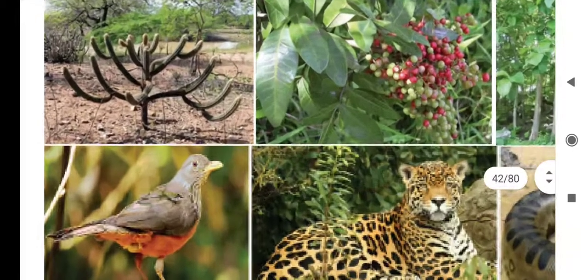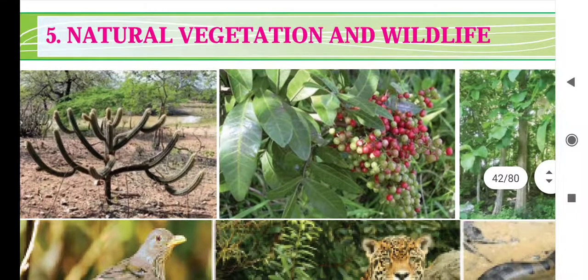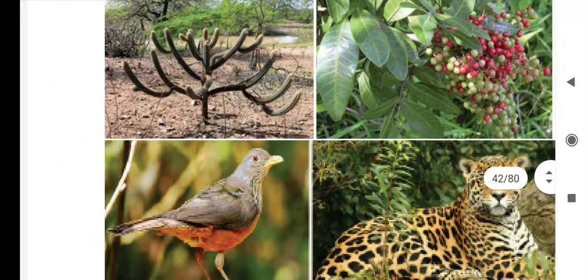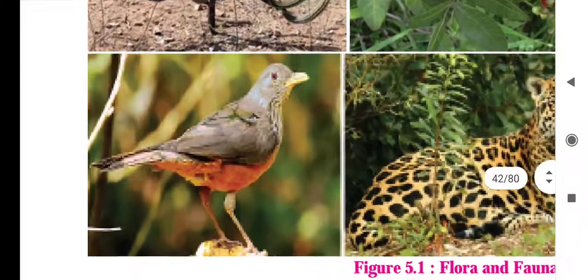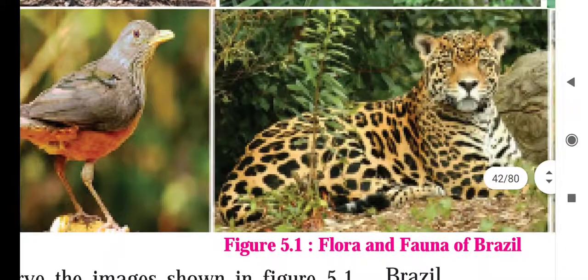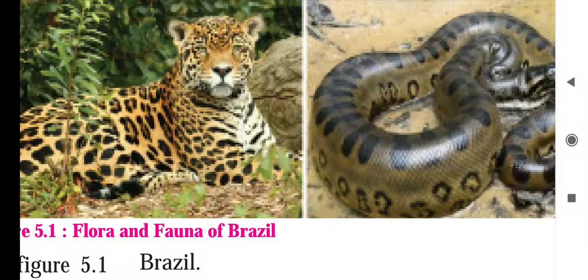The first picture is of a cactus. Next is the Brazilian pepper tree. Next, teak tree. Again here, that bird is found in Brazil and its name is Rufous bellied thrush. Next is the jaguar and next the anaconda. The anaconda is also found mostly in Brazil.